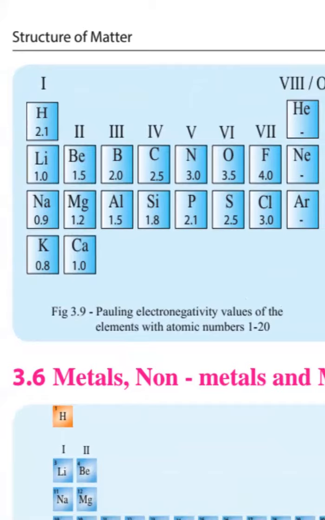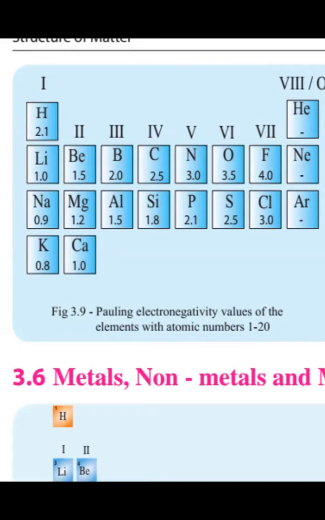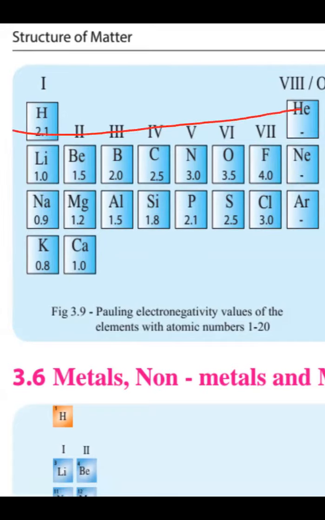Then go down a group: hydrogen to lithium to sodium to potassium. Hydrogen 2.1, lithium 1, sodium 0.9, potassium 0.8. Electronegativity decreases. This way it increases. This way it decreases.